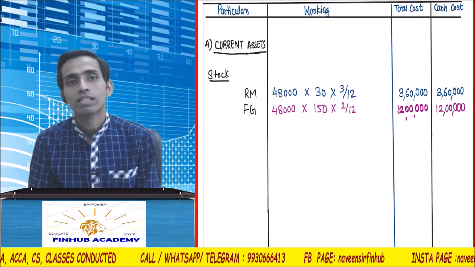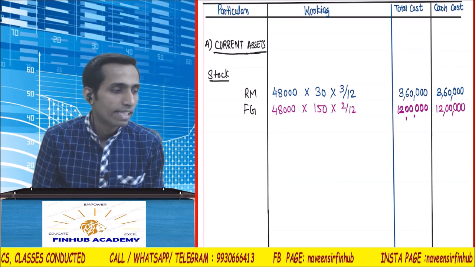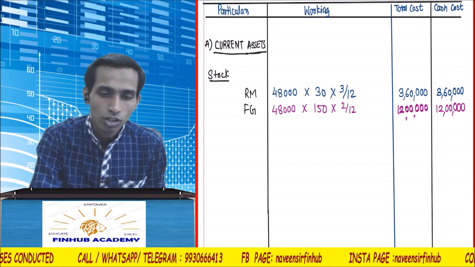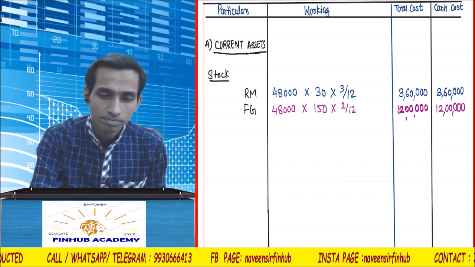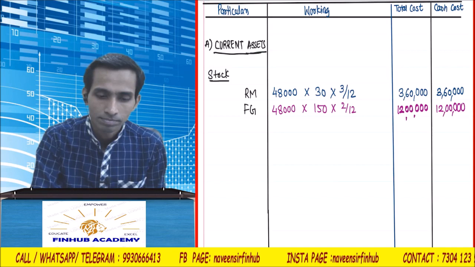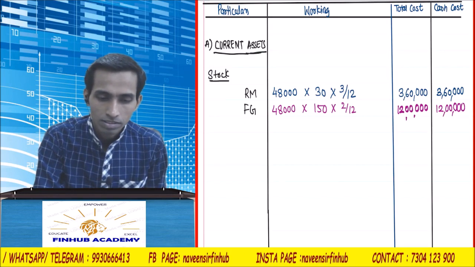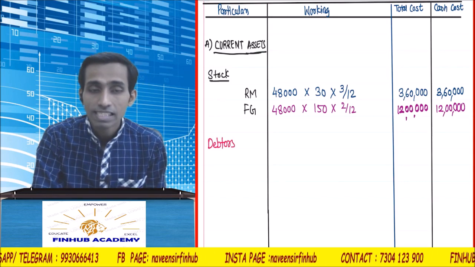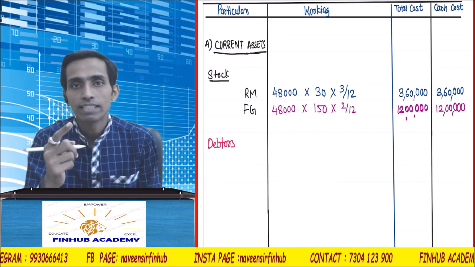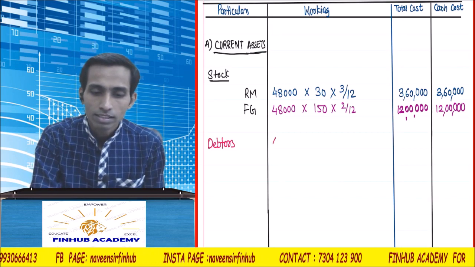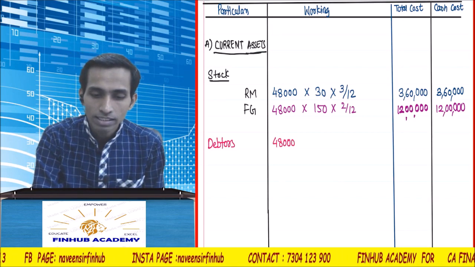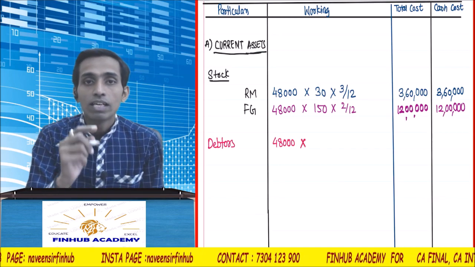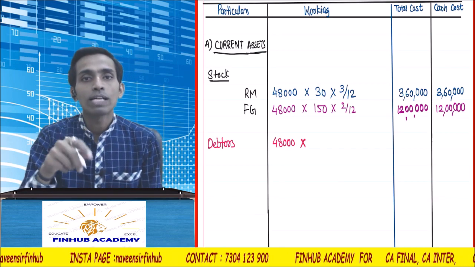Okay. After stock, debtors. Listen carefully, then you can write. Listen, then you can copy. 48,000 multiplied by, in total approach, you will value at what? Selling price.